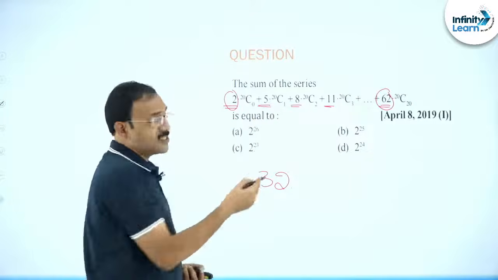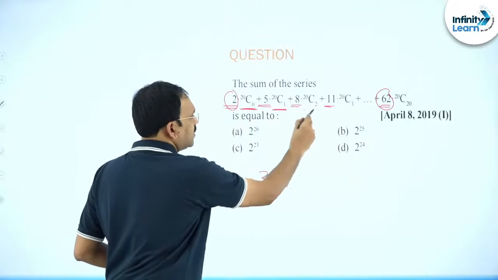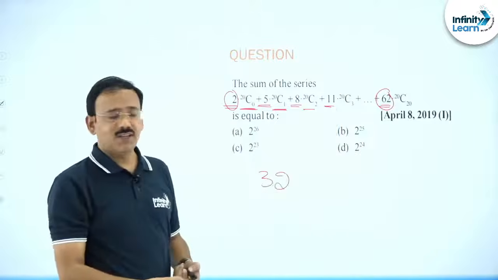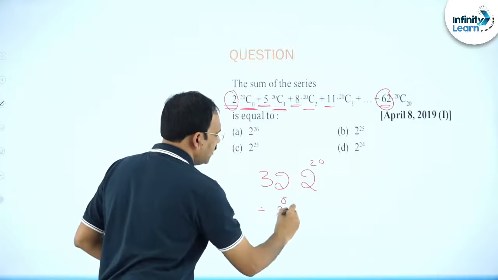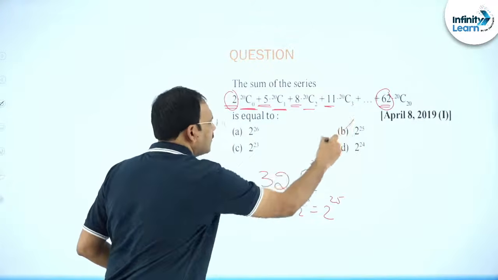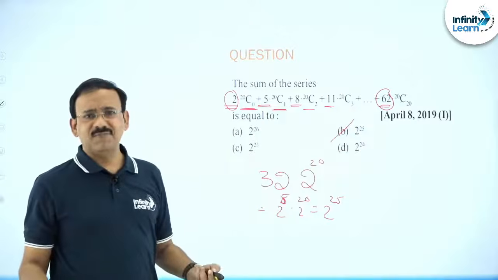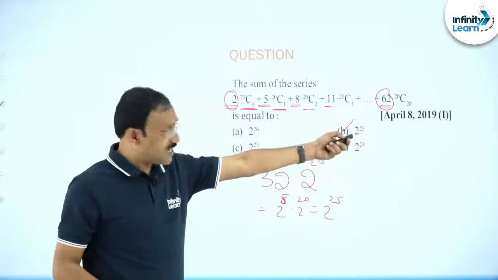When these coefficients are not there, what is the answer? 20c0, 20c1, 20c2, up to 20c20, it is 2 power 20. So 2 power 5 into 2 power 20 is going to be 2 power 25. What a problem. Hardly 15 to 20 seconds given in JEE Main.